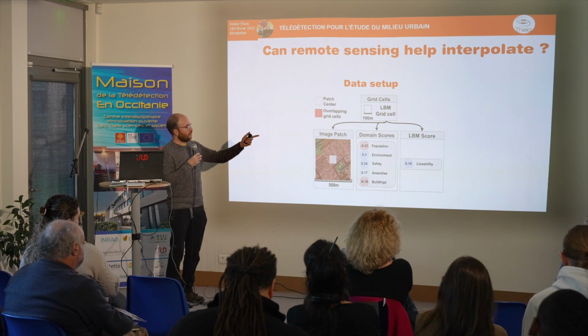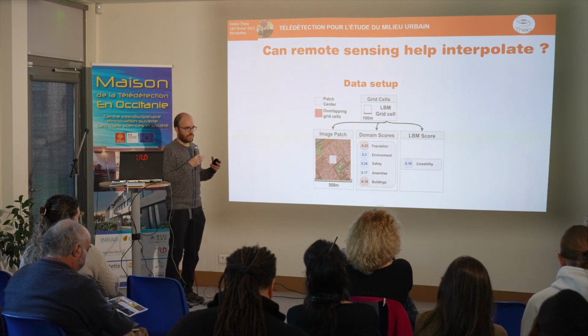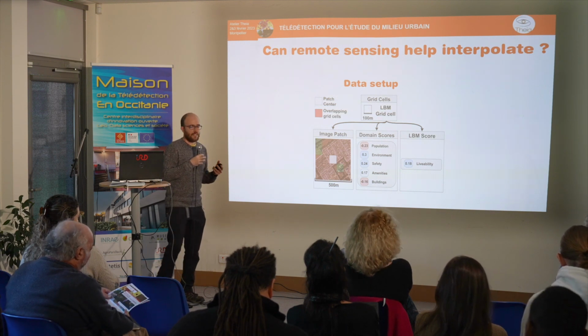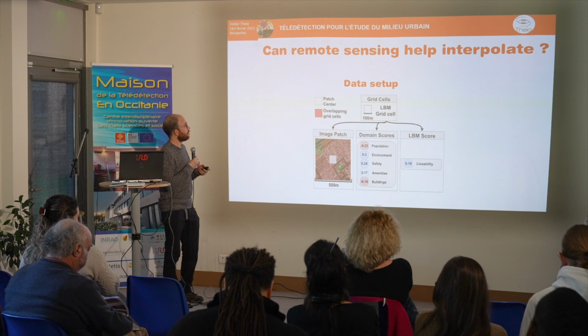Some of them are not. Typically, distance to the closest hospital is often more than the 200-meter radius that this type of image provides. So these kinds of aspects will not be captured, but many others like direct access to green spaces or type of buildings can be captured by this type of imagery.